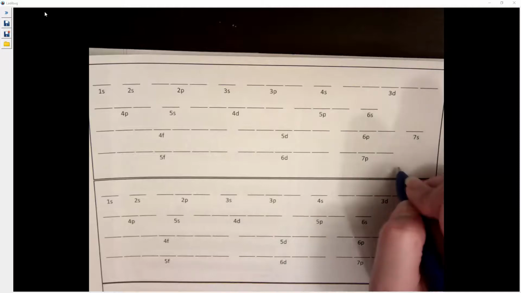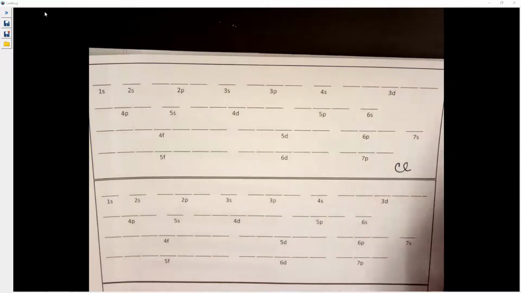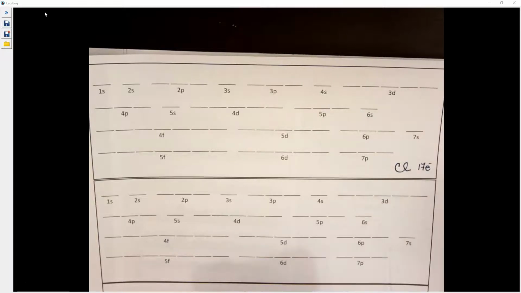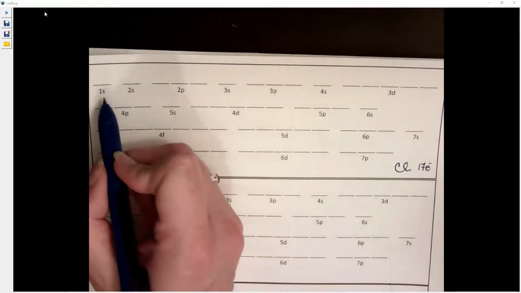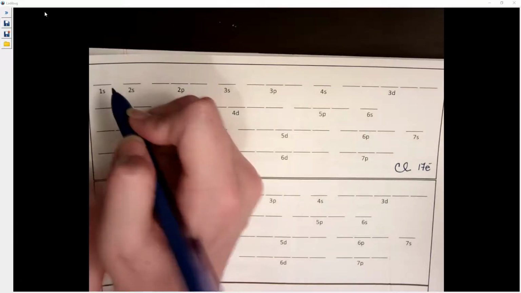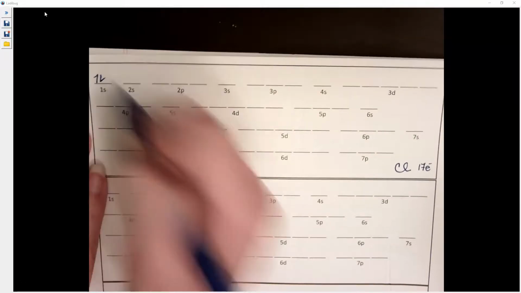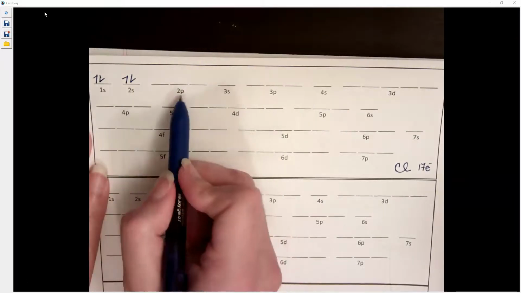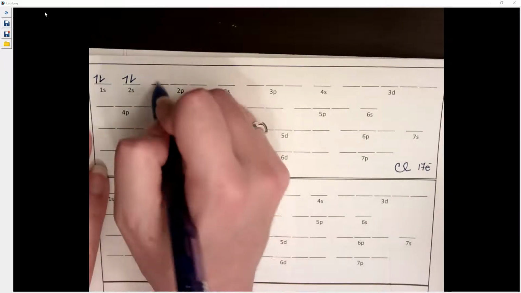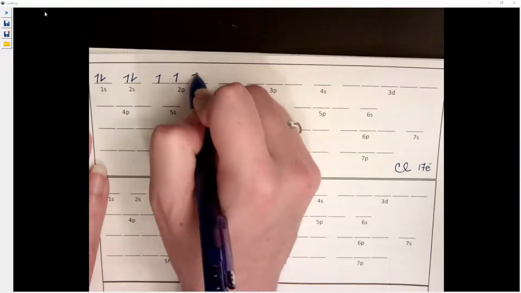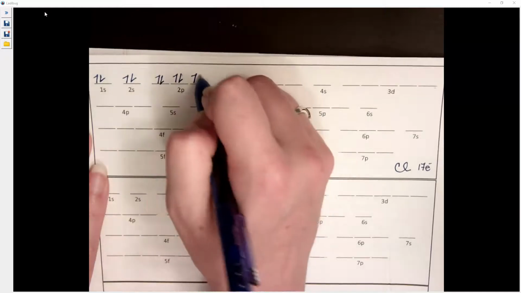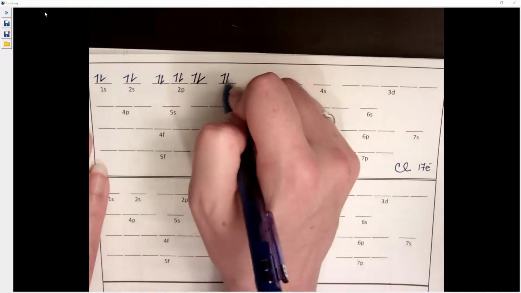So let's do chlorine. Chlorine has 17 electrons. The 1s orbital is the lowest energy. 1, 2, 3, 4. Here's p orbitals, be careful. 5, 6, 7, 8, 9, 10, 11, 12.